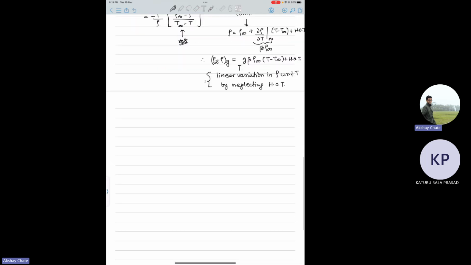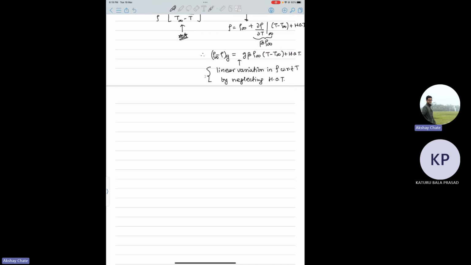So I'll just give you some formulas before we go into the main thing. There is something called the Richardson number. Typically you will observe this as Gr by Re square, the Grashof number divided by the square of the Reynolds number.